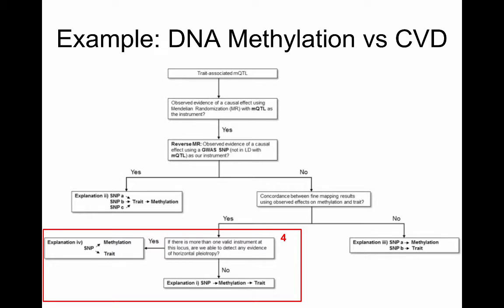So, assuming that we do in fact see concordance here, we go into the final step of ruling out pleiotropic effects, scenario number 4. If we can do that, great, because that means we have evidence that epigenetic variants in fact mediate the relationship between the genome and cardiovascular traits.